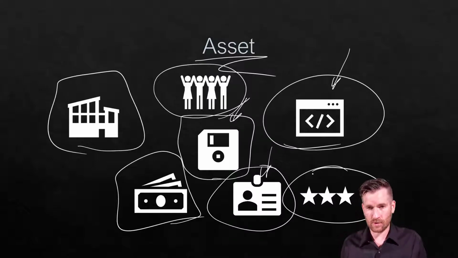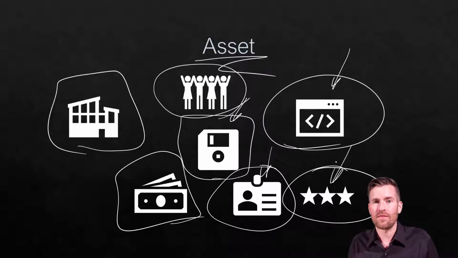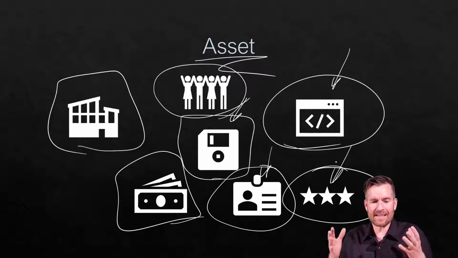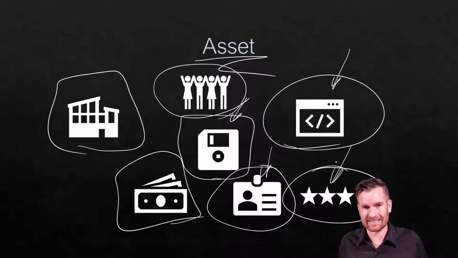If the company has a really strong reputation that's out there, then that reputation is an asset for the company. So an asset is anything of value for the company that, if the company were to lose that resource, would be devastating to the company or would hinder the company from growing.